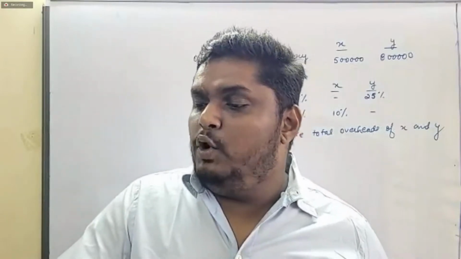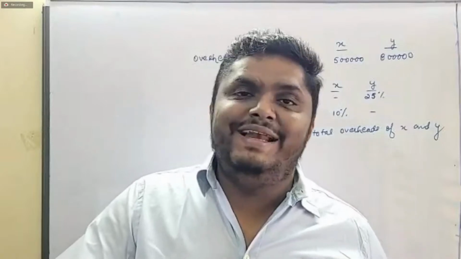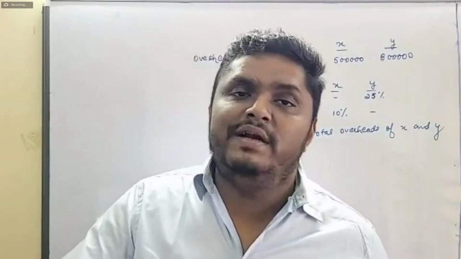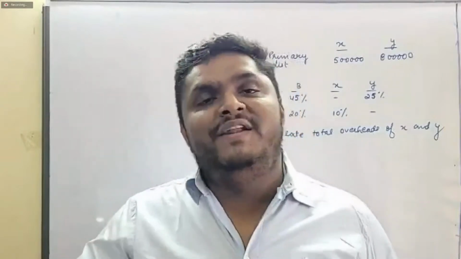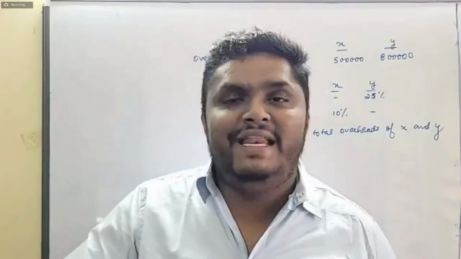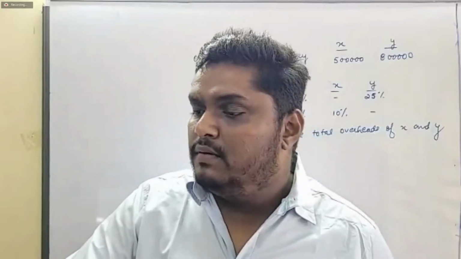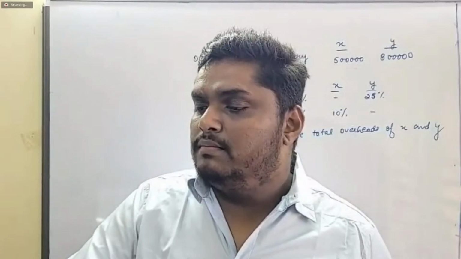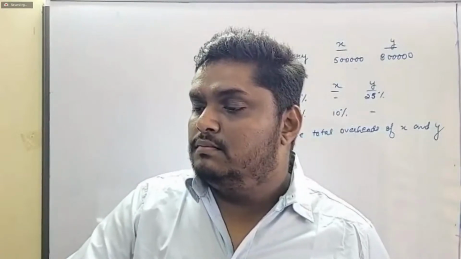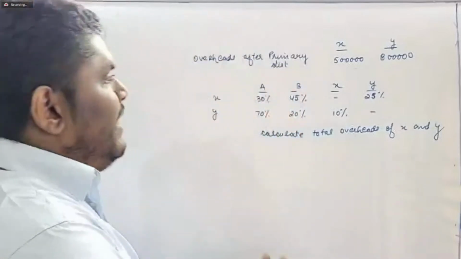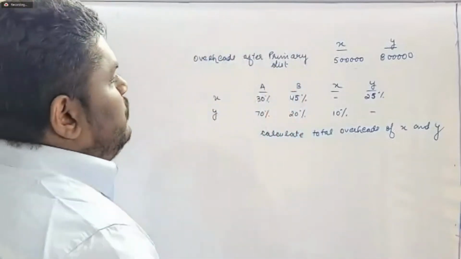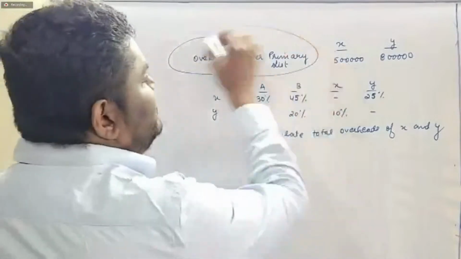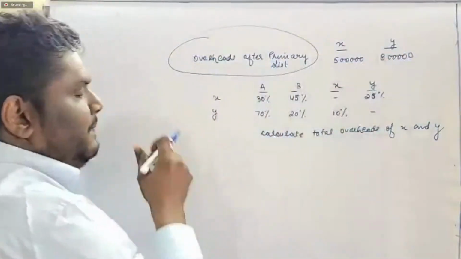Miss Suboni Das, if it is clearly mentioned in the question which method to apply, you have to apply. But if the question is silent, you can apply any of the methods. Now, guys, there is a question for you that overheads after primary distribution is 5 lakh and 8 lakh.